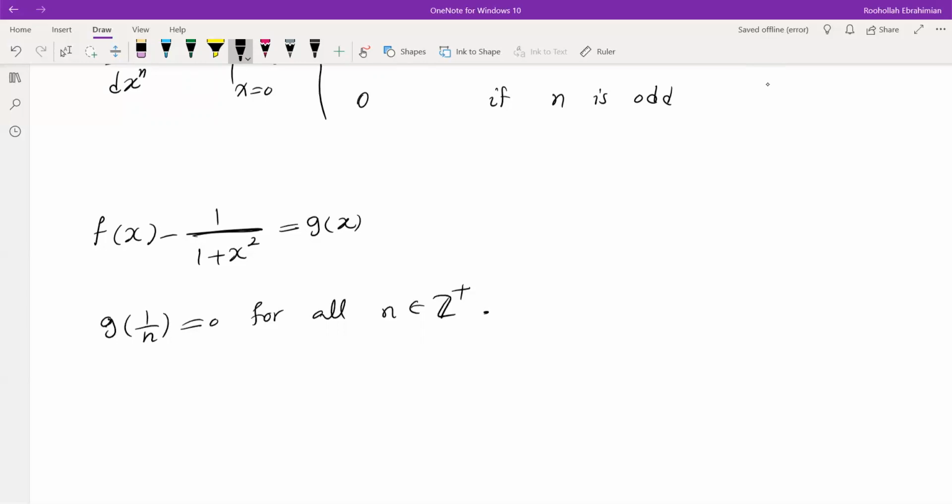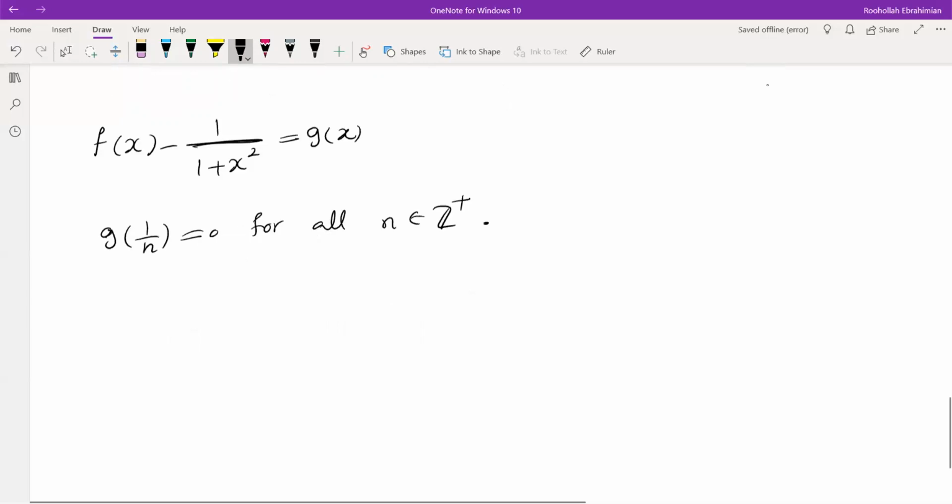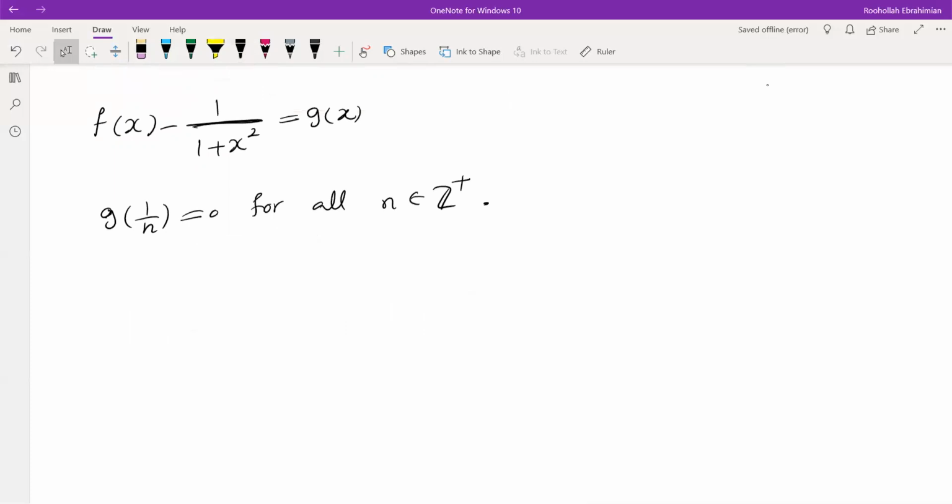Okay, so that's what we're going to do now. We're going to see if I can find a way to show that g must be, essentially, I want to show that the derivatives of g are all 0, because g is a difference. And I know that the claim must be true, because it's a competition problem.